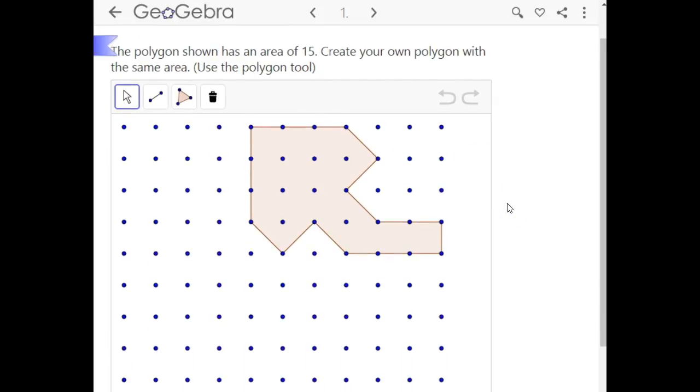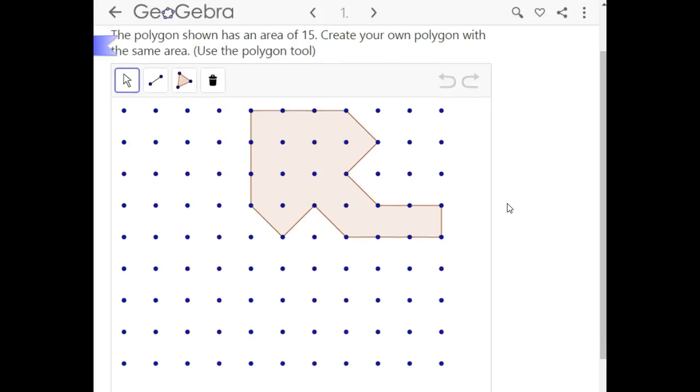And in Annenberg, what they were doing with the Geoboards was taking irregular shapes and using the rubber bands to dissect the shape and figure out the area. So here we go.